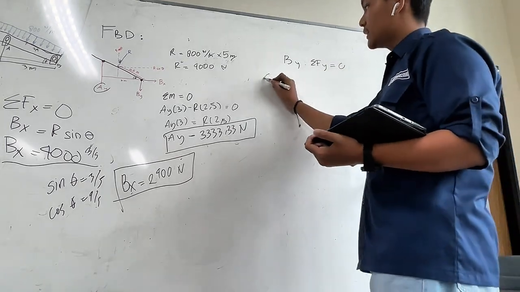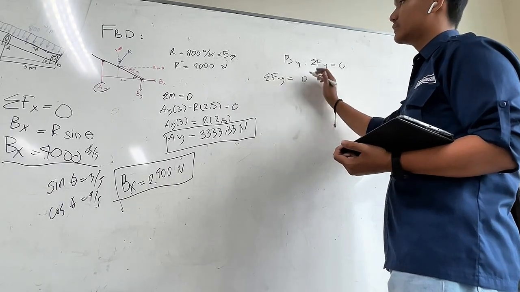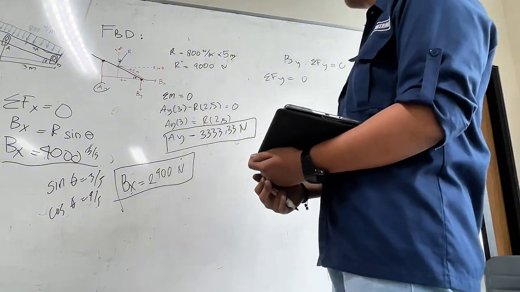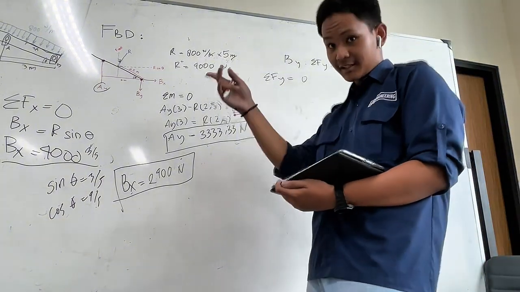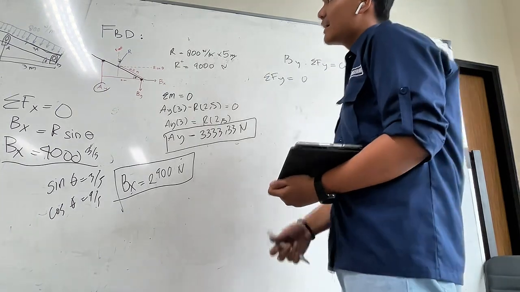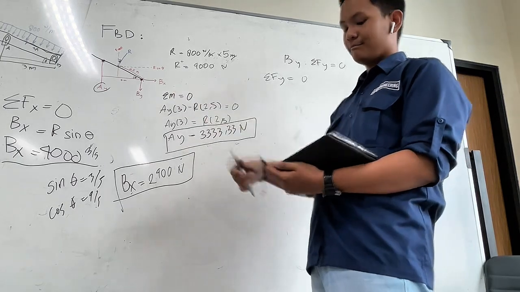The forces on axis y are R multiplied by cosinus of theta, which is this part up there, in the opposite direction of the By part.